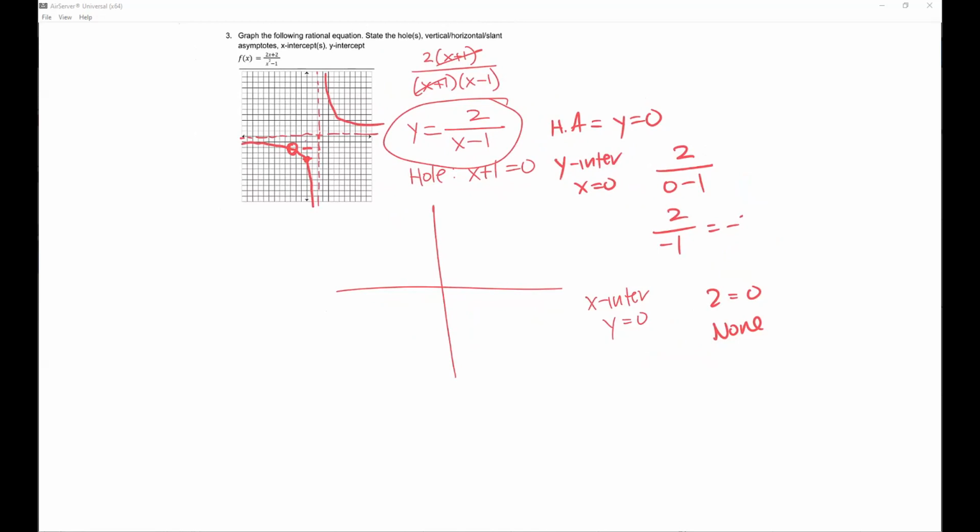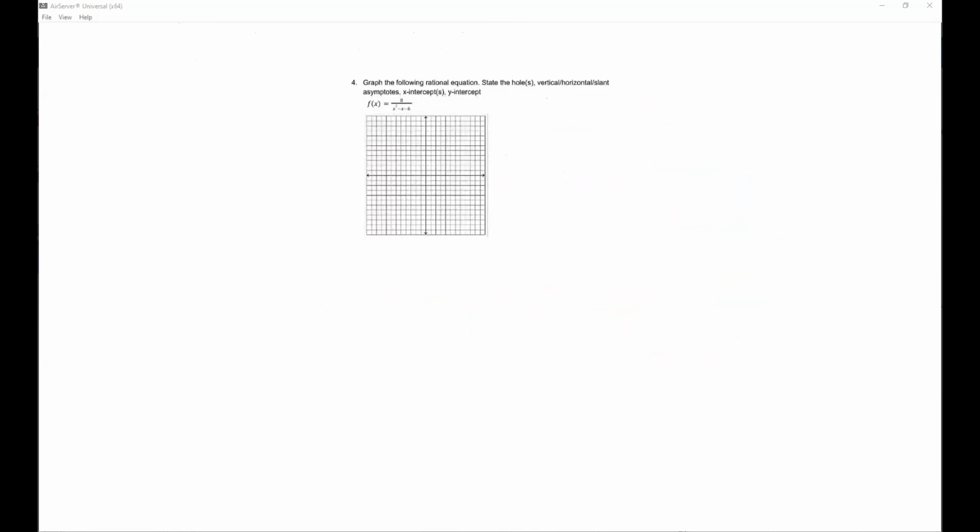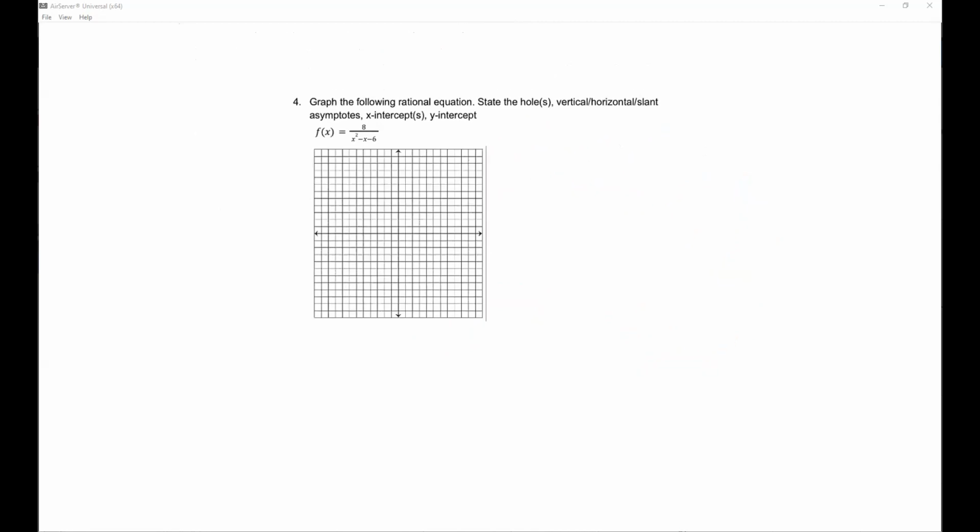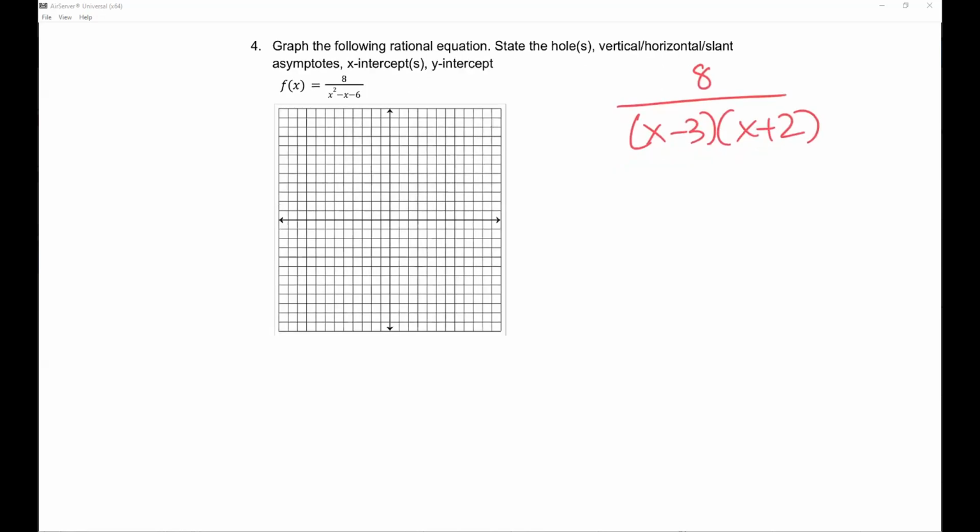All right, and then the last one, 8 over, and then factor this out, it would be x minus 3, x plus 2. Your vertical asymptotes, I'm just going to go in increments of 1 here. 1, 2, 3. Let me graph these better.